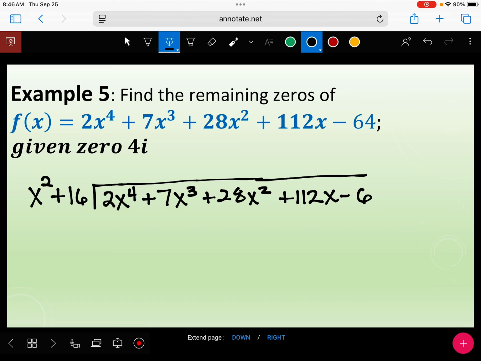So we're just trying to build our quadratic on the roof. Start off by dividing your first terms, which would be 2x to the 4th and x squared. So let's do that.